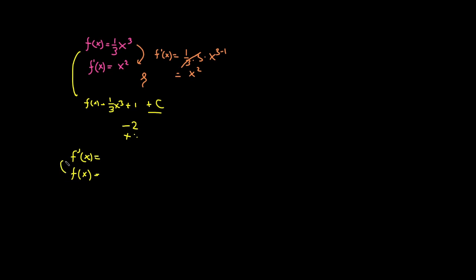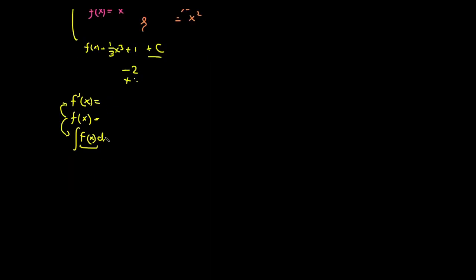Its derivative goes that way, and its antiderivative goes the other way. Sometimes you'll see this written with the crowbar and f of x, and to close off where the integral stops, you put dx, or d theta if you have a function of theta, or whatever variable you're integrating with respect to.